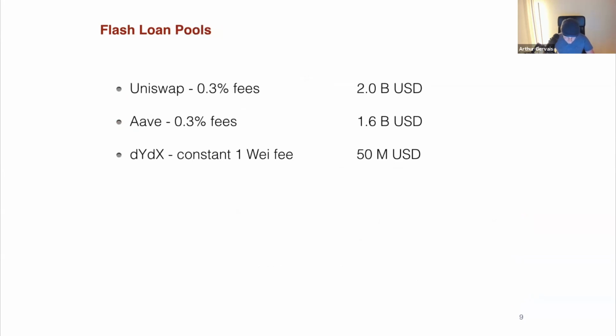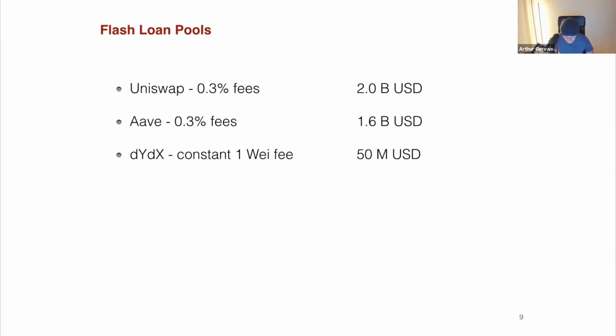If you look at the flash loan pool sizes, you have various different available pools, and obviously you can also deploy your private or custom flash loan pools. But as far as I've seen, Uniswap is the biggest flash loan pool with almost $2 billion US. These numbers obviously vary quite widely over time.